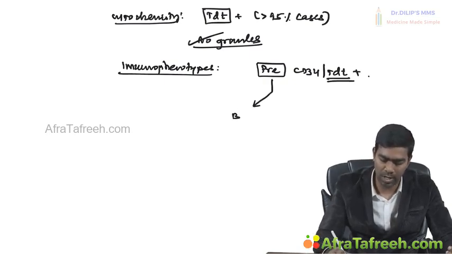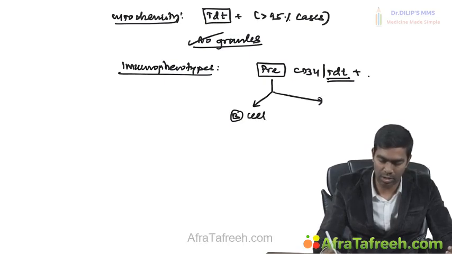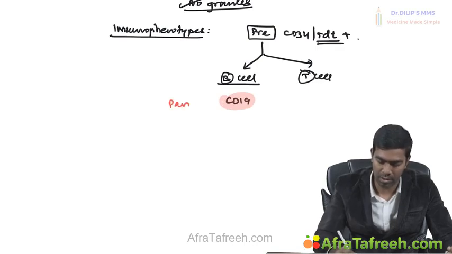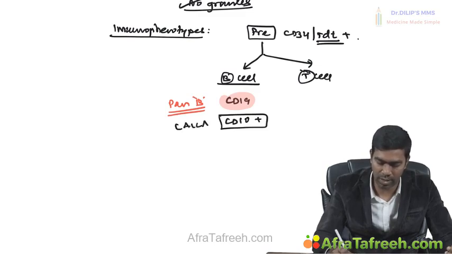Then it could be either a B cell ALL or a T cell ALL, and again you can find out depending on what markers they express. Very commonly they express the CD19 marker, which is definitely a pan B cell marker. Then you might have CD10 positivity, because CD10 is also referred to as CALLA, which is one of the earliest markers detected for acute lymphoblastic leukemia.